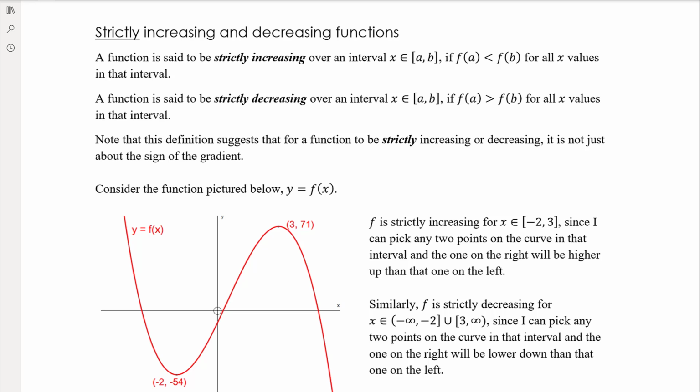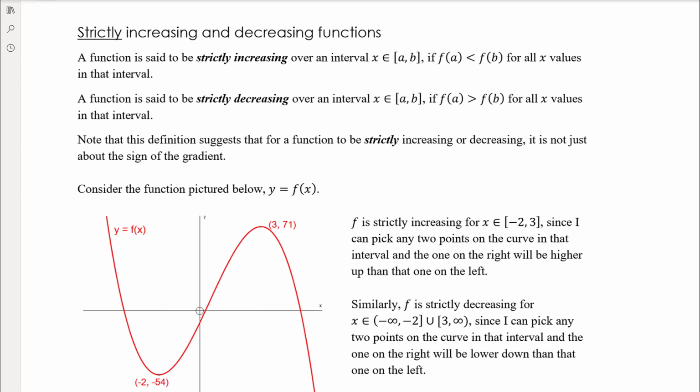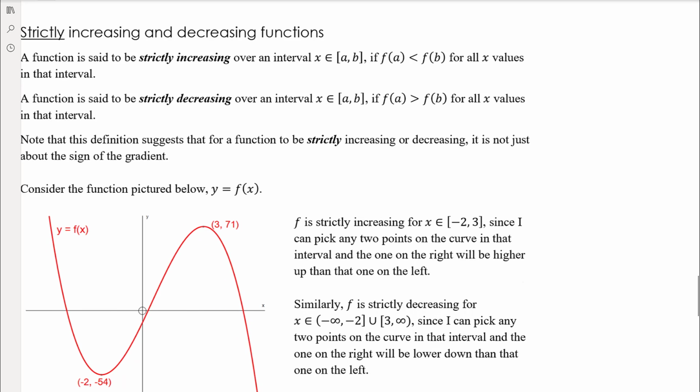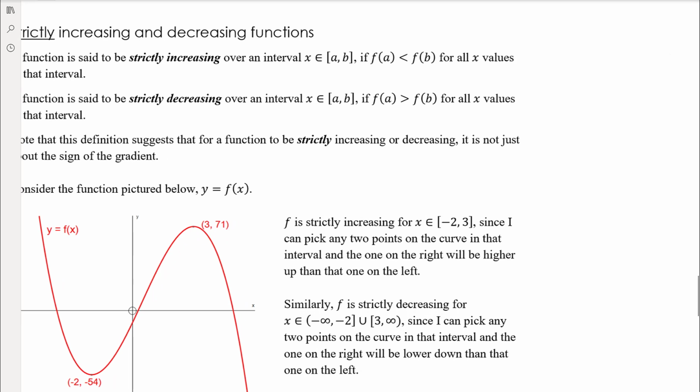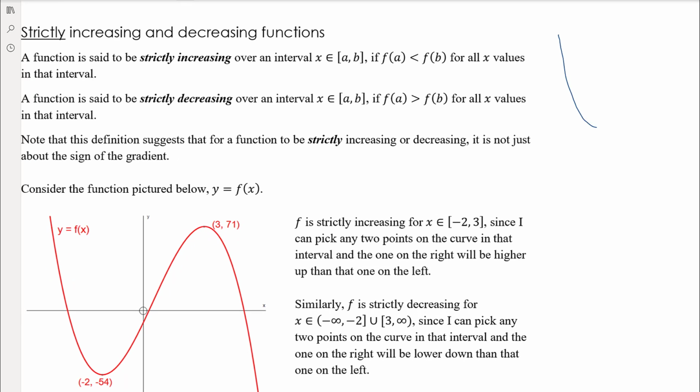But if we want to talk about the set of values over which a function is strictly increasing, we have a definition that's less to do with gradient and more to do with points on the right having to be higher up than points on the left. Okay, so what I mean by that is if we have, let me say, for example, draw a parabola here, and actually let me make it a bit wider so I can be clear.